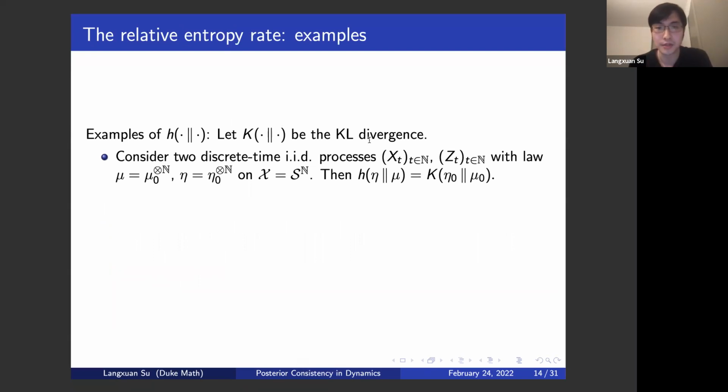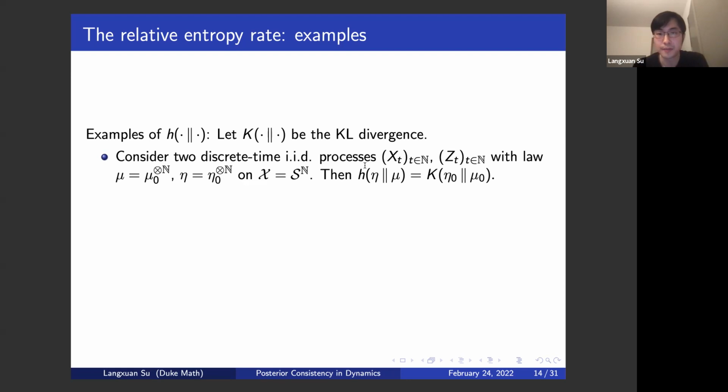If we let K be the usual KL divergence, and consider the simplest case when we have two IID processes, X_t and Z_t, since they are IID, their law on the path space is given by the product measure, mu0 product mu0, and this is also a product measure.